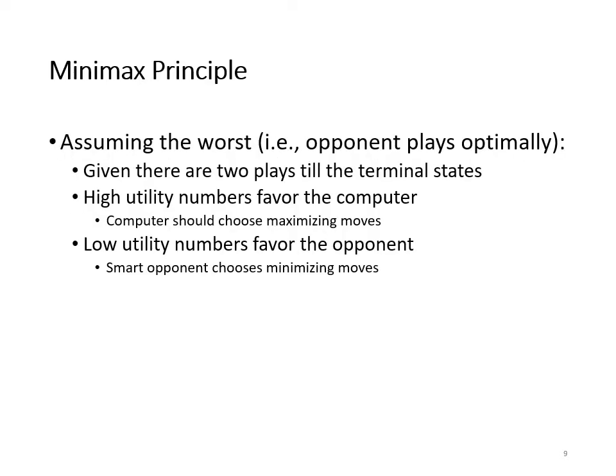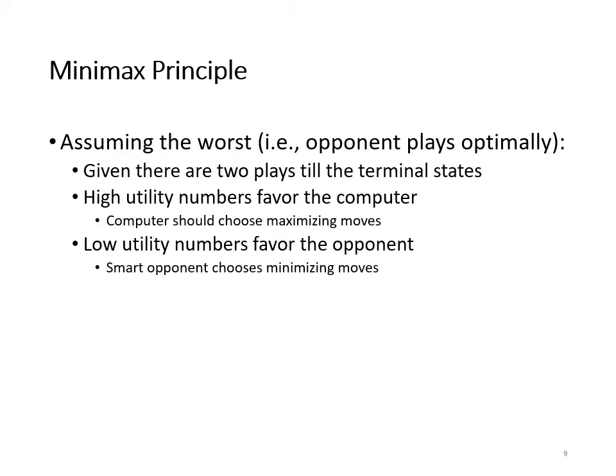So you can see one or two examples of the min-max principle. First of all, the principle of min-max is that the opponent will choose the worst move for the computer, and the computer will choose the best move.